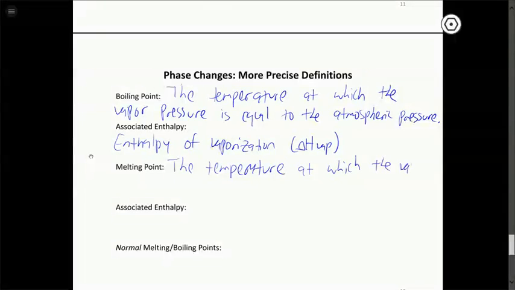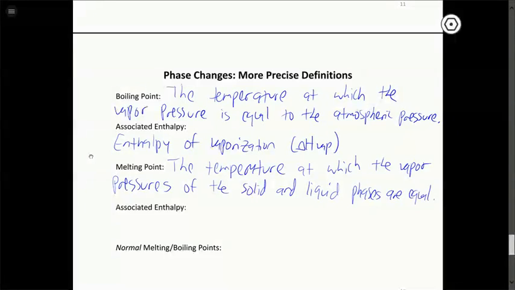Even solids have some vapor pressure, usually much lower than liquids. At that temperature, you're going to start converting liquid into solid, or they're going to both exist at the same time. That's the precise definition of melting point.